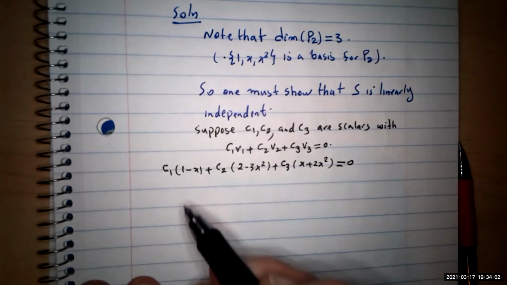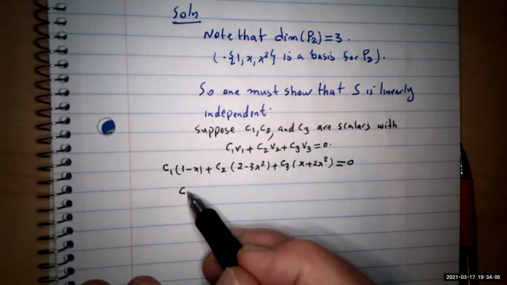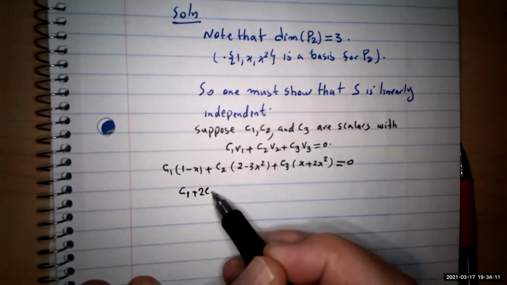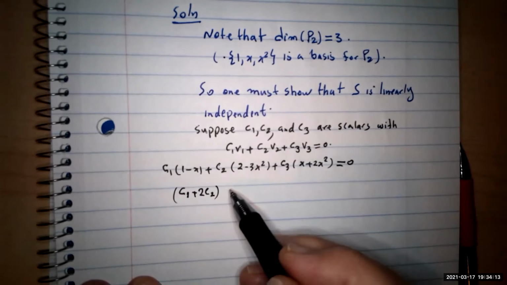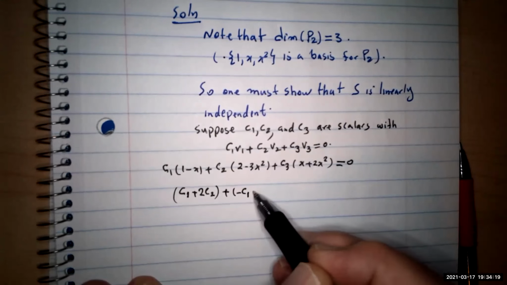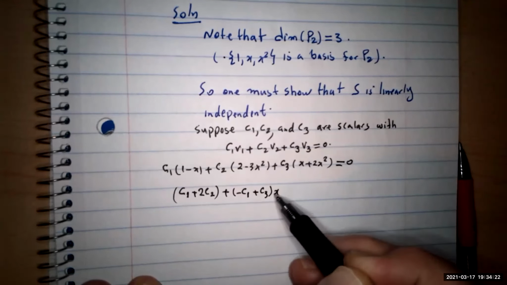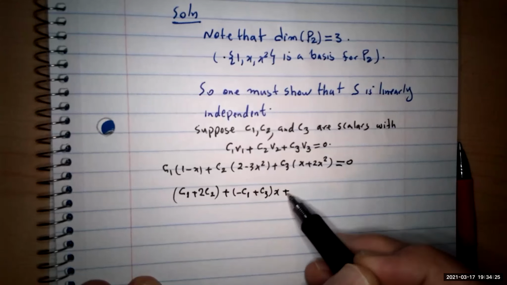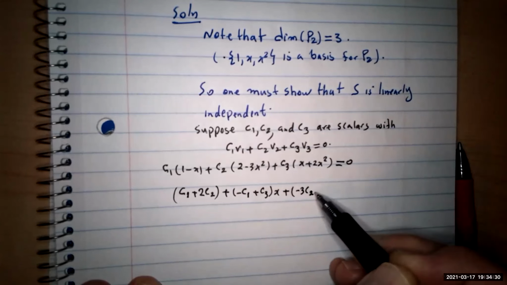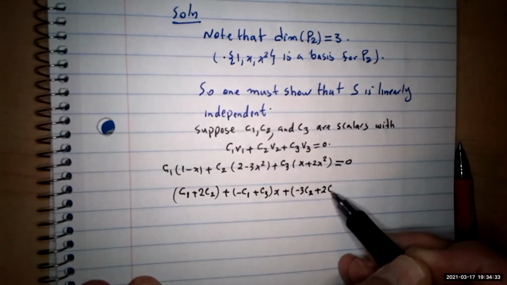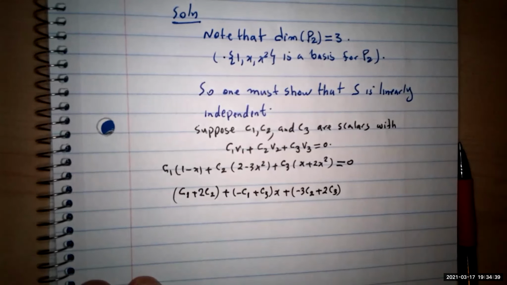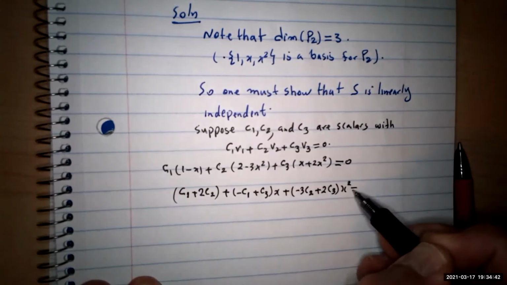If you multiply them together, the constant term would be c1 plus 2c2. Then the x term is (-c1 + c3) times x, and the other one is (-3c2 + 2c3) times x², all equal to 0.